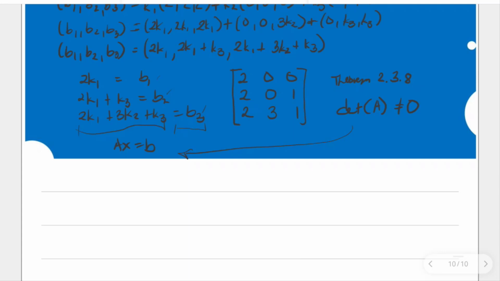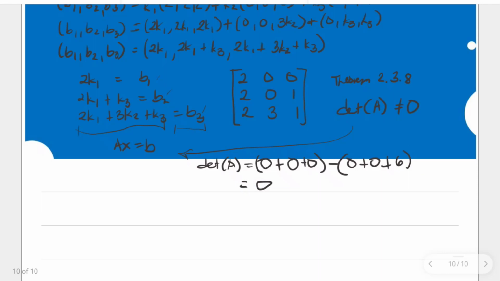Let's call this matrix A. The determinant is 2 times 0 times 1, which is 0, plus 0 times 1 times 2, which is 0, plus 0 times 2 times 3, which is 0, minus the motion from upper right to lower left: 0 times 0 times 0 is 0, 0 times 2 times 1 is also 0, but we have 1 times 3 times 2, which is 6.